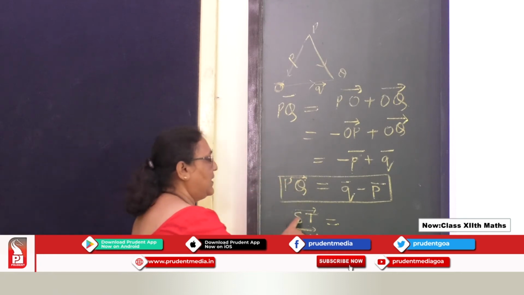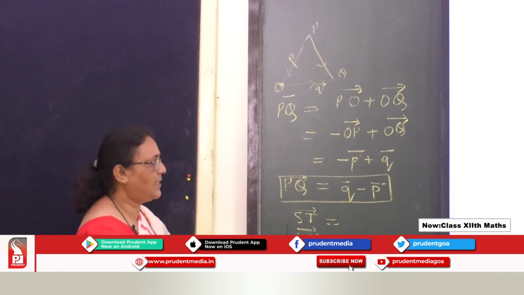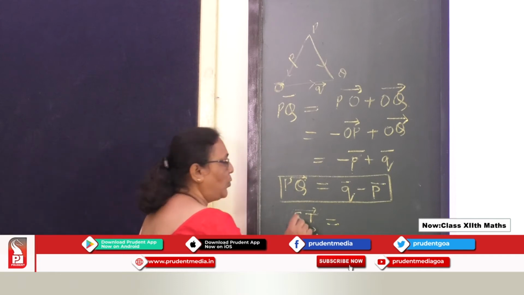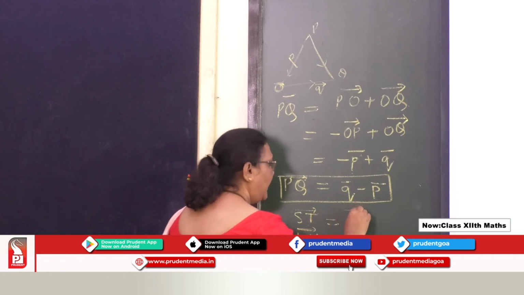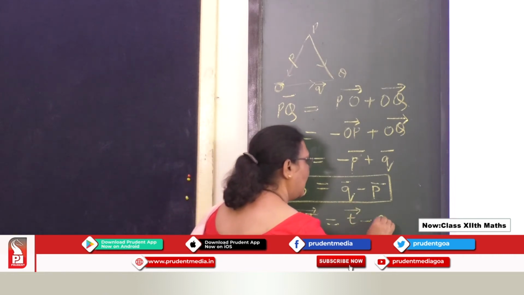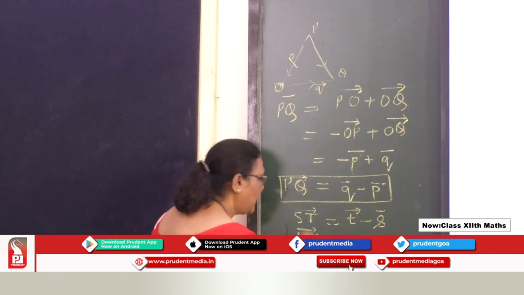Now, let me give one example here: ST, Sachin Tendulkar, suppose. T is there, so you have to write small t, Tendulkar, minus Sachin, like this. Now, LM, Lata Mangeshkar.